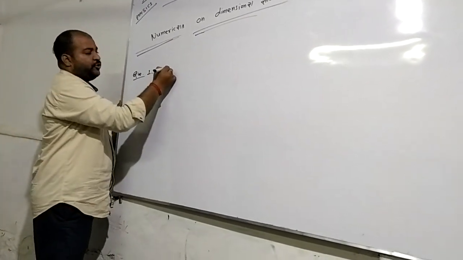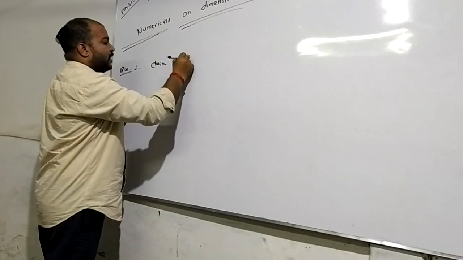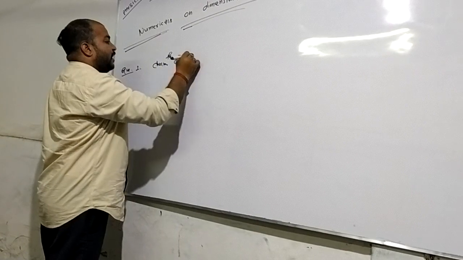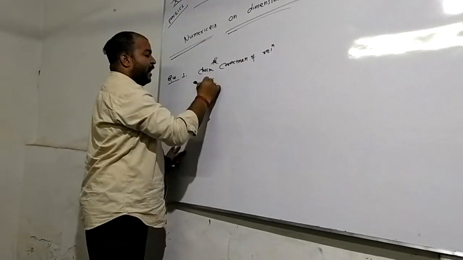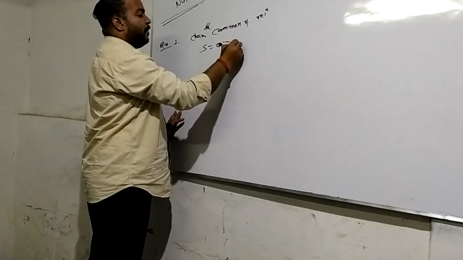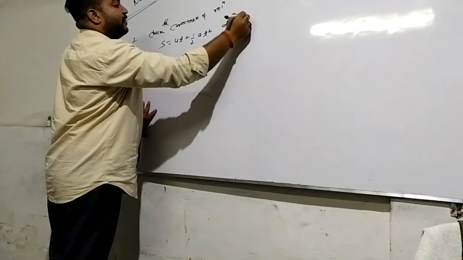Suppose you deal with the question: check the correctness of the relation S equal to ut plus half at square dimensionally.